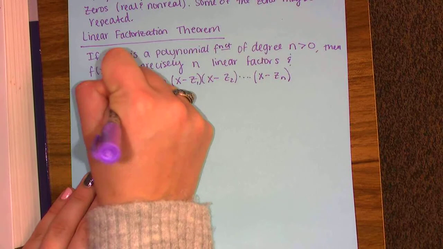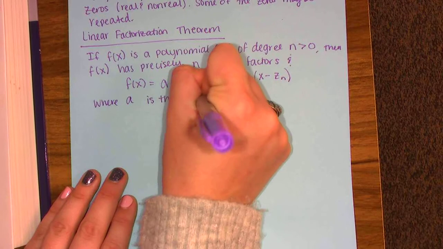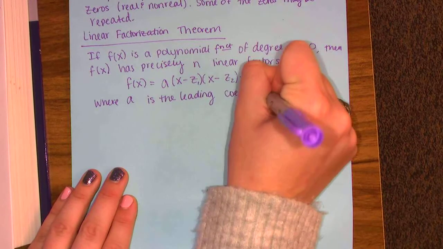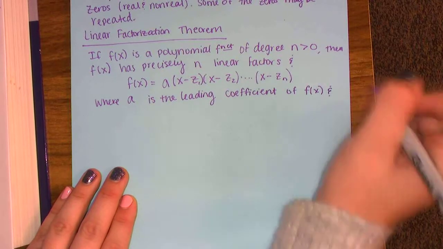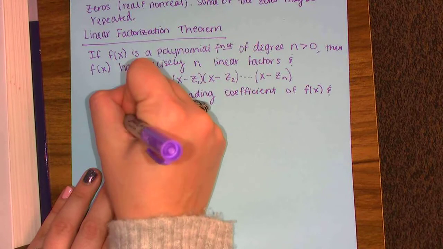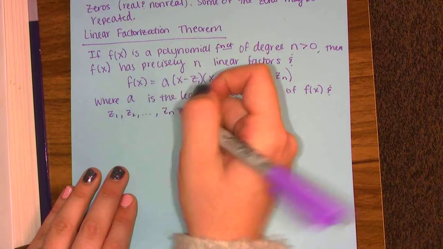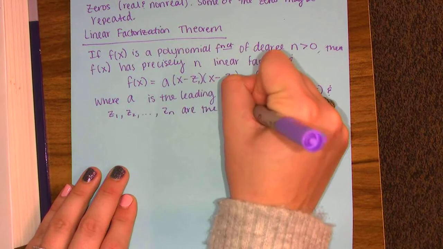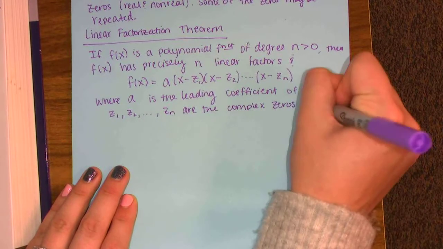where a is the leading coefficient of f of x, and z1, z2, through zn are the complex zeros of f of x.